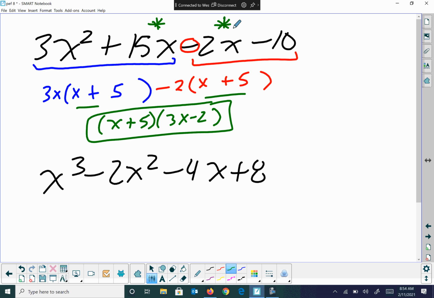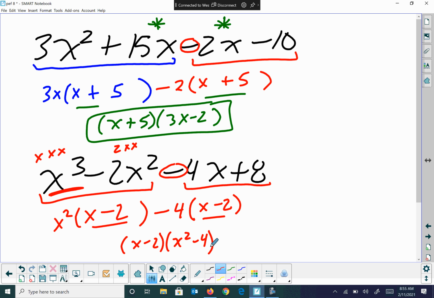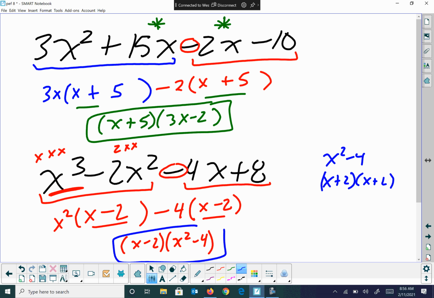As far as this homework goes, I would totally accept that answer. But look back at your very, very, very first slide that we did. What was the very first problem we did on these notes? Yeah. So that x squared minus 4 is a special one. It's going to break up to x plus 2 and x minus 2. So theoretically, I would totally accept this answer right here.